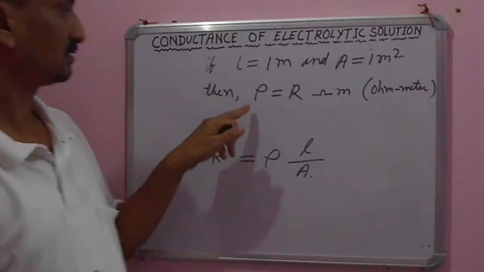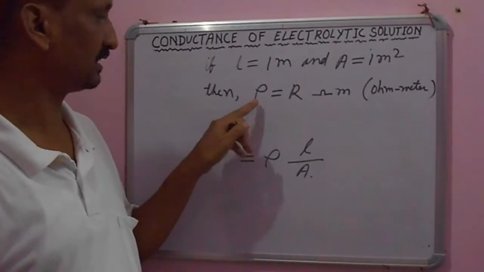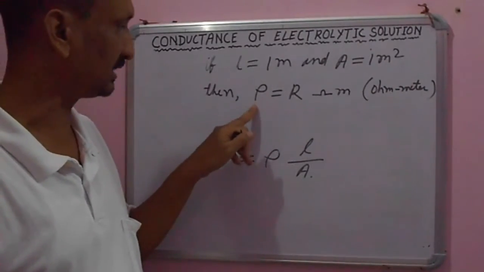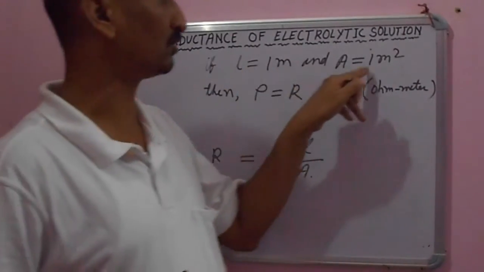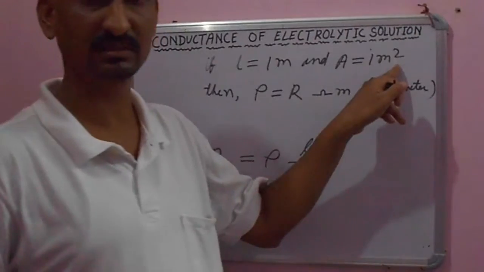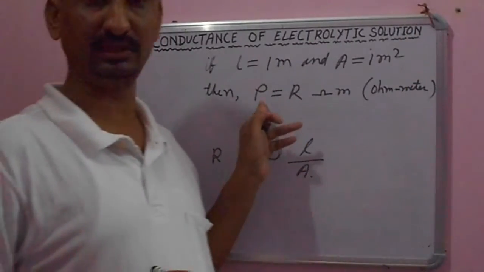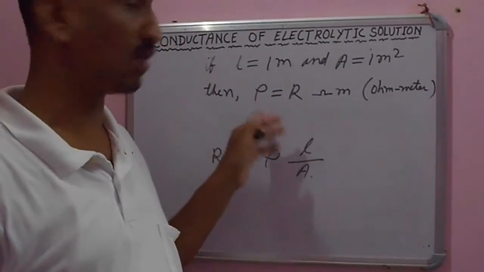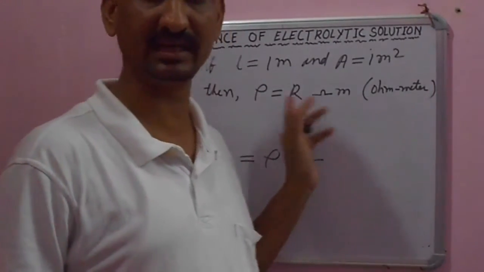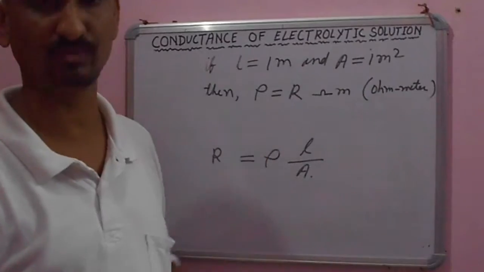So what is specific resistance or resistivity? Rho is equal to R, where L is equal to 1 meter and A is equal to 1 meter square. That means the resistivity for a substance is its resistance when it is 1 meter long and its area of cross section is 1 meter square.